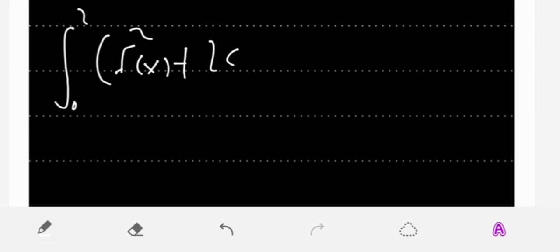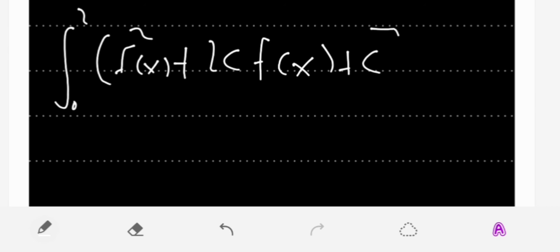So from 0 to 2 of f of x squared plus 2c multiplied by f of x. I should probably call f of x another variable, but let's continue.